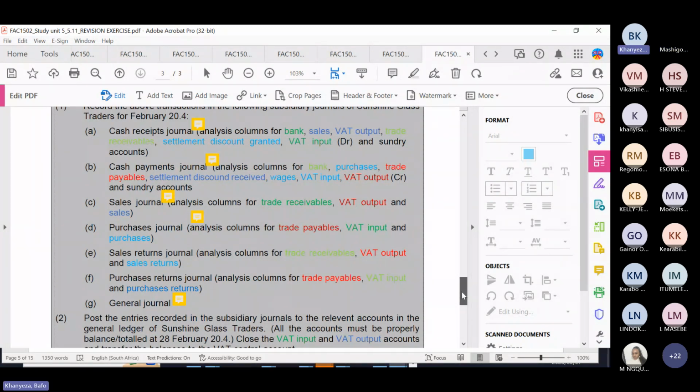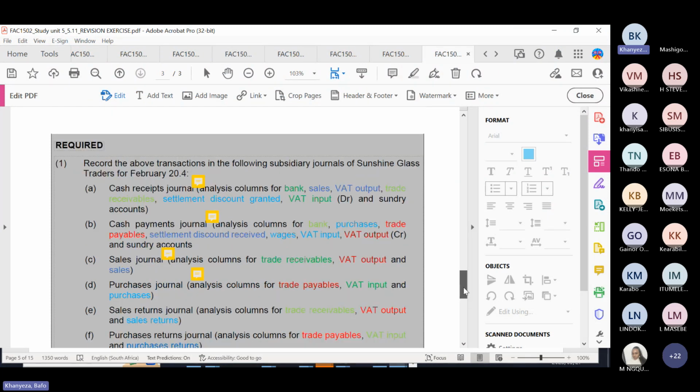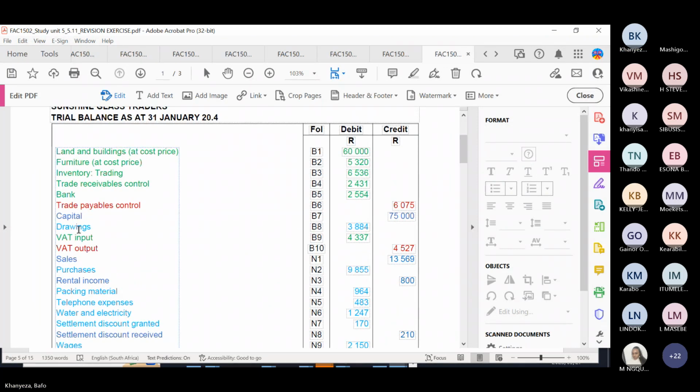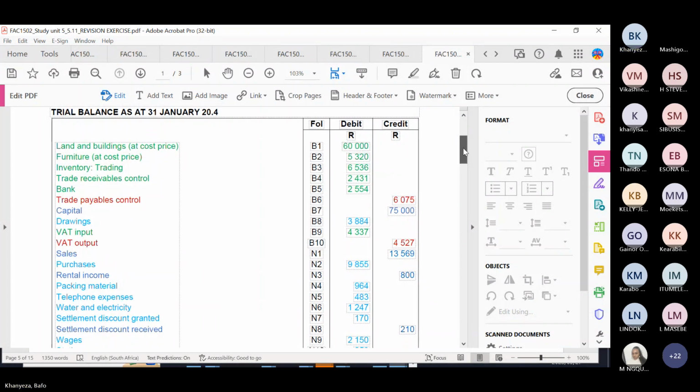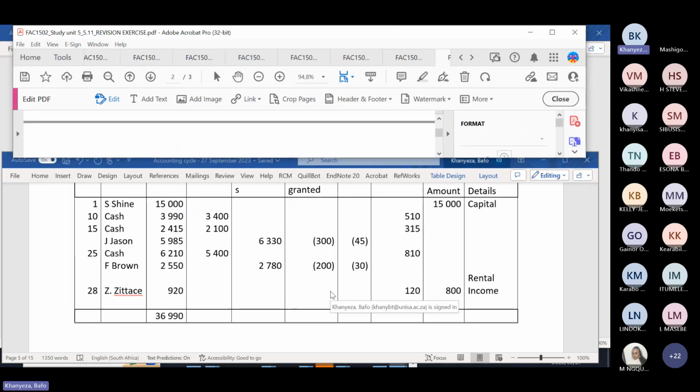Glasgow, okay. So it means we were owing Glasgow. These are trade payables of 6,075. Does the student mention 6,075? Yes, as an opening balance.